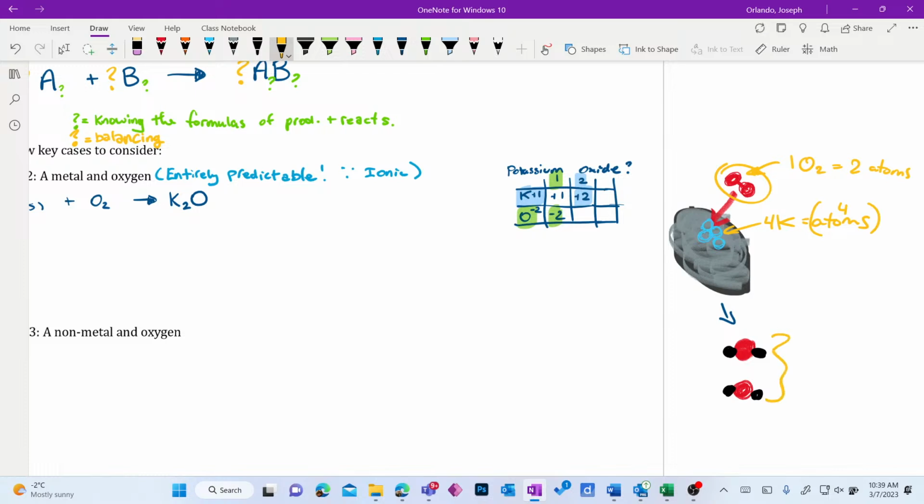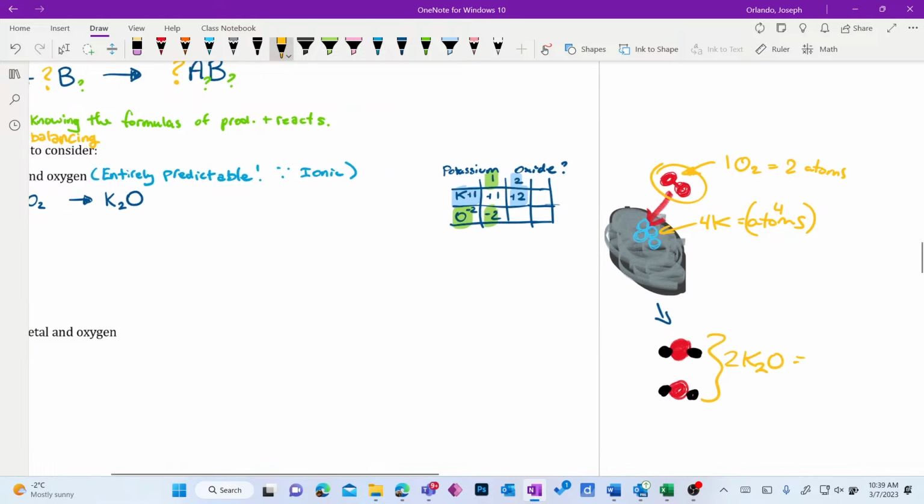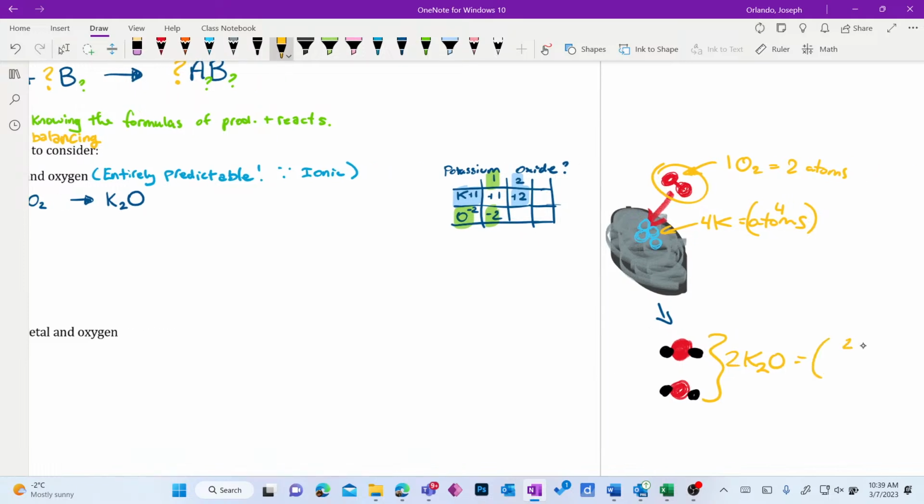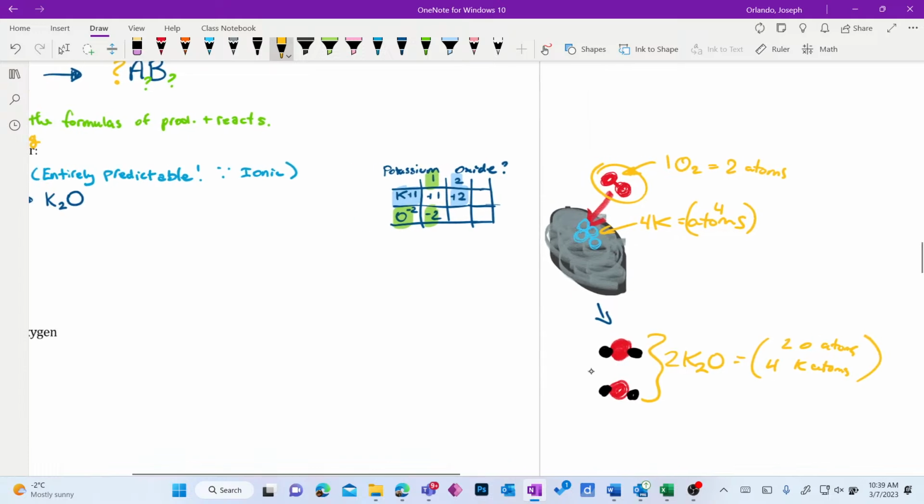And then altogether, what do I get here? How many K2Os do I get? 2, which is 2 oxygen atoms, right? And 4 K atoms. And can everyone see that if you look at that, that's 2 oxygens and 4 potassiums? Easy to see, right? Now, do we want to have to draw this every time?